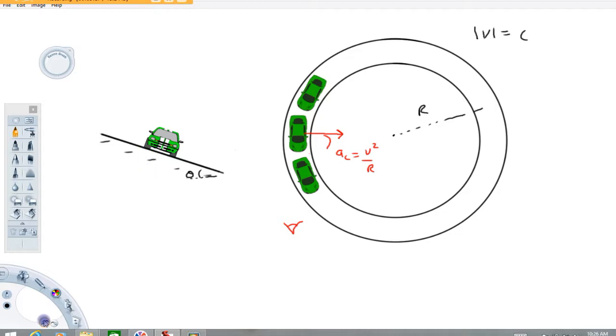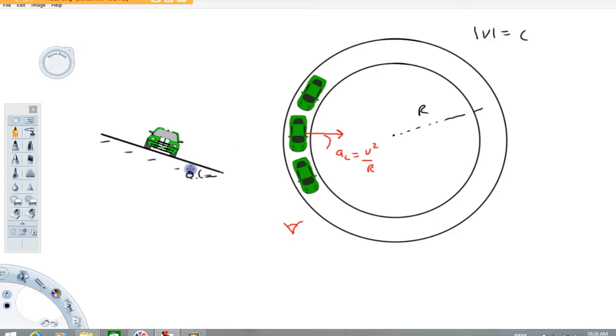If the car takes the bank way too fast, it would have a tendency in this picture to slide outward, in which case the frictional force would be this way. Some problems are about what's called the design speed. The design speed of a banked curve like this is the speed at which the car can take the curve with no frictional force at all.